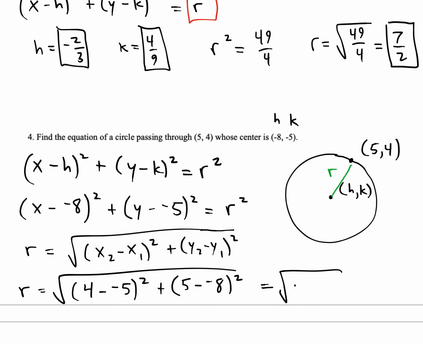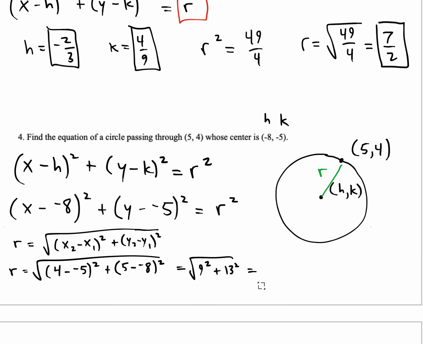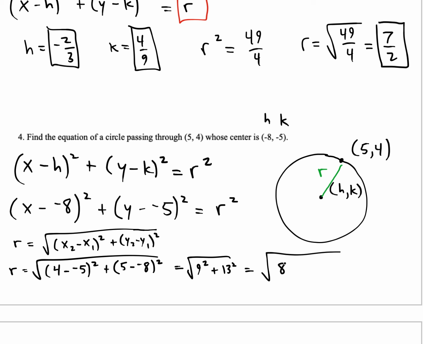That's the square root of 9 squared plus 13 squared, which is the square root of 81 plus 169. It's the square root of 250.